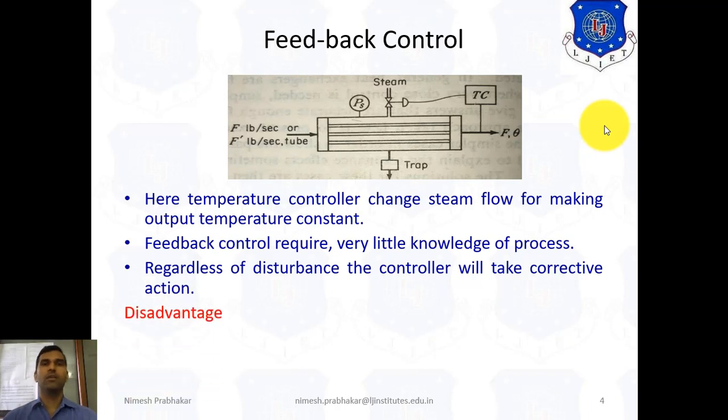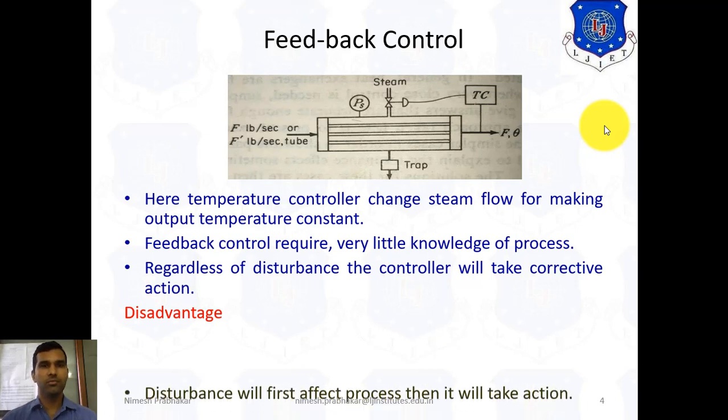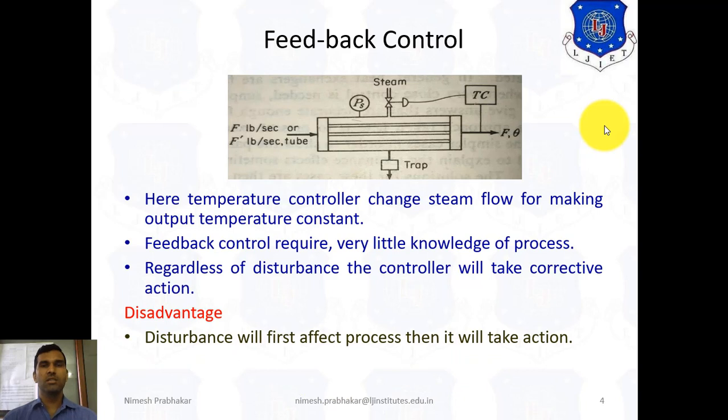But the disadvantage of the feedback controller is that the disturbance will first affect the process, and then it will take action.